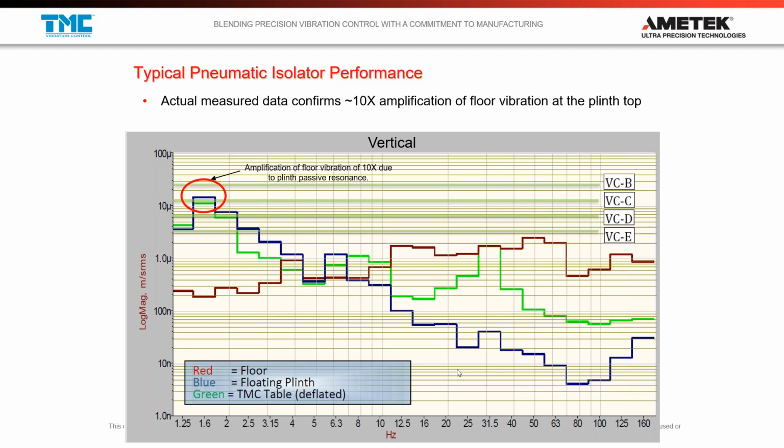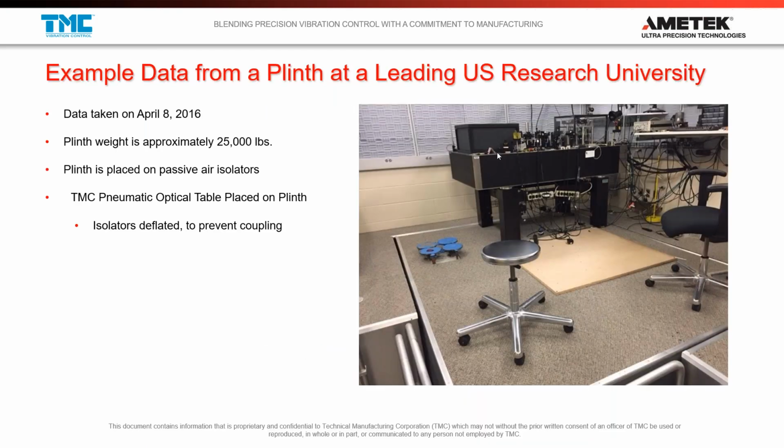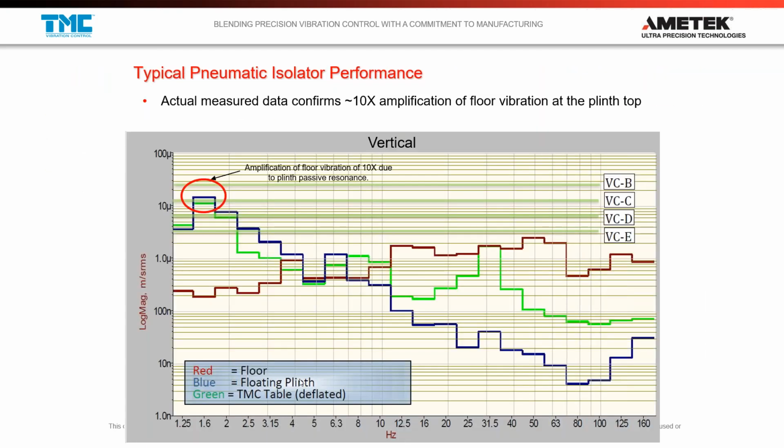Then we took a measurement on top of the tabletop. The third measurement we took was up here. And what we found was pretty much what you would expect: rigid body behavior, roughly a 1-to-1 transfer function between the top of the plinth and the top of the table. Then when we started measuring the tabletop, it was deflated, so we're starting to see a lot of the higher frequency resonances coming into the table, which is also to be expected.